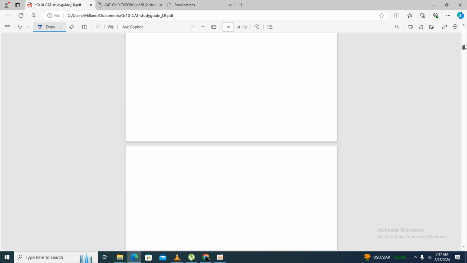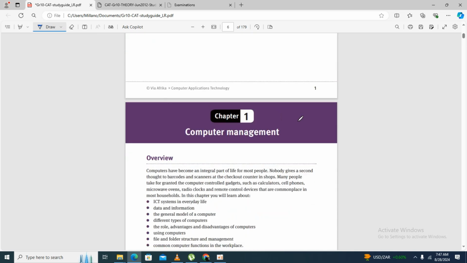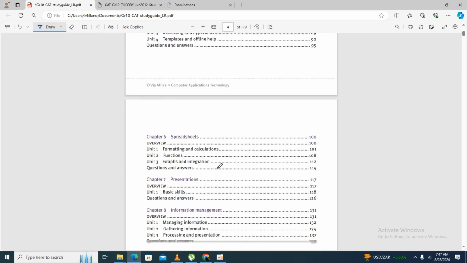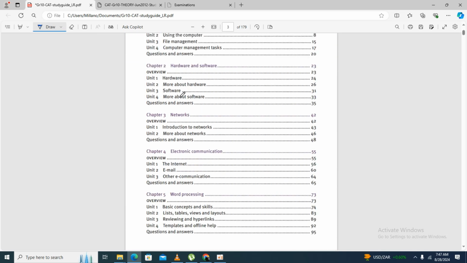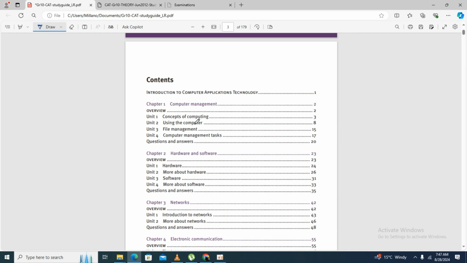I don't think they have web-based applications in this particular study guide, but here are two advantages. Basically you can access them from anywhere, as long as you have an internet connection. And number two, they are always updated. That's web-based applications, right? And now the two disadvantages of web-based applications, I'm gonna give you guys only two.